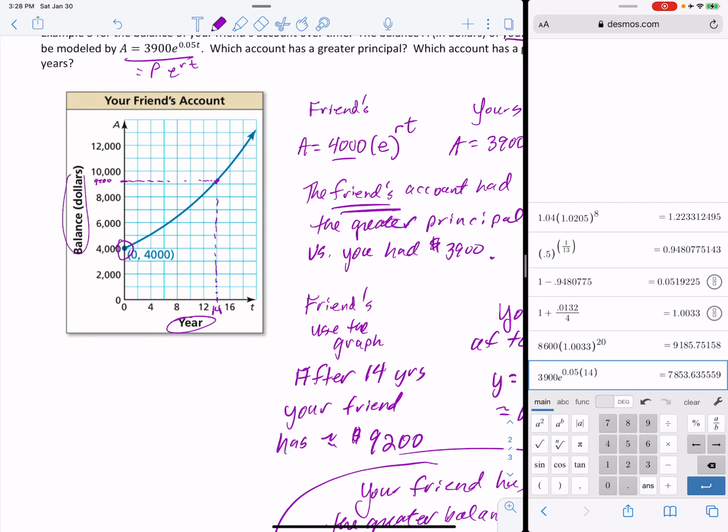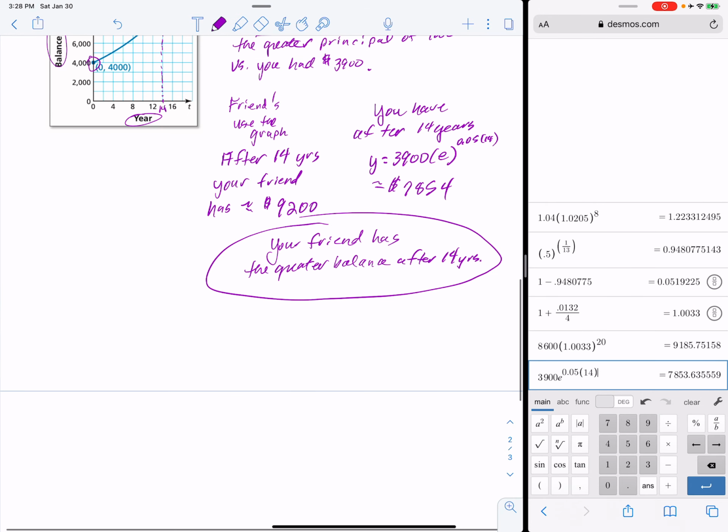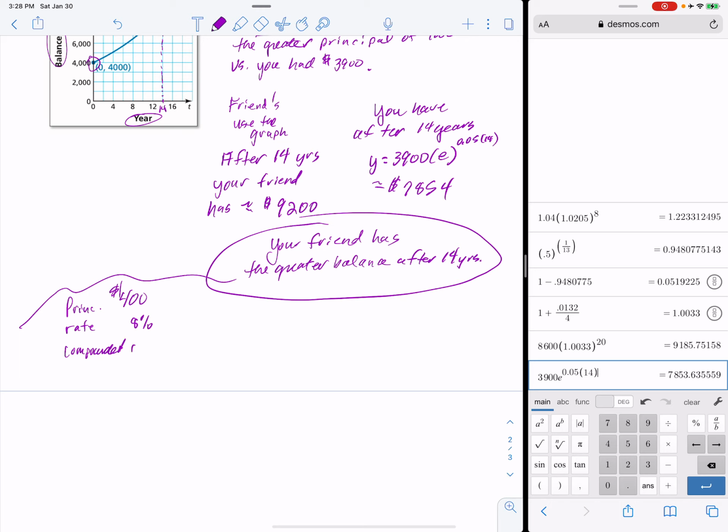All right, so just note that in one of your problems, you're going to have to look for your principal being, say, 400, and your rate, say it's 8%, and watch for compounded continuously. Anytime it says that, that means you're going to be using A equals P e to the rt. And then you look for how many years.